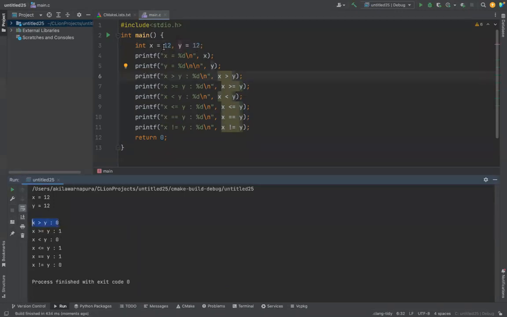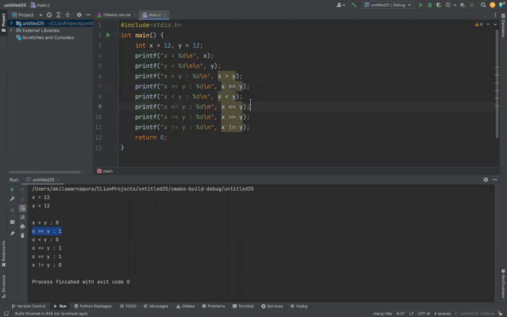So that condition is 0. For the expression x greater than or equal to y, the greater than condition is false but the equal condition is true. So it gives you true, because it is not greater than but it is equal.